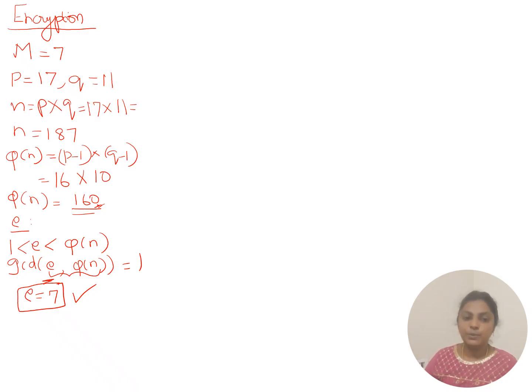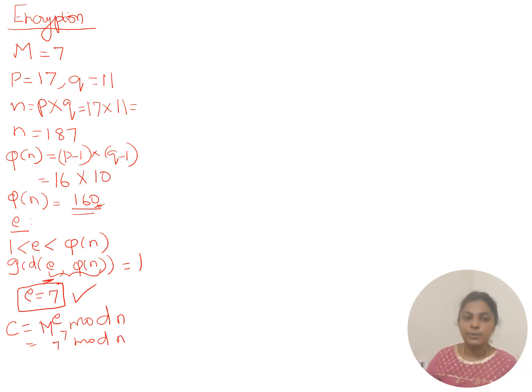So what we can do is the encryption process, and the encryption formula is C equal to m to the power E mod n. So when we apply that, 7 to the power 7 mod n.